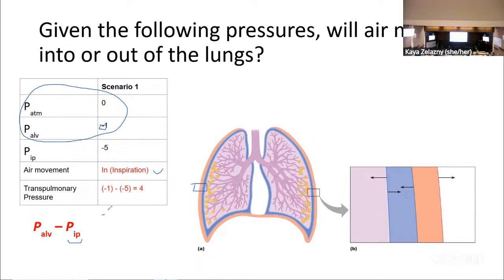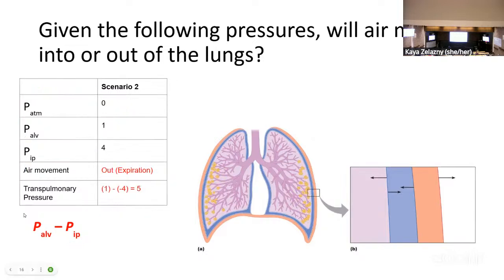So we've got -1 minus -5, so +5, which gives a transpulmonary pressure of 4. We don't need to know that transpulmonary pressure if all we're trying to tell is our air movement, but it is necessary for your body that that transpulmonary pressure exists.